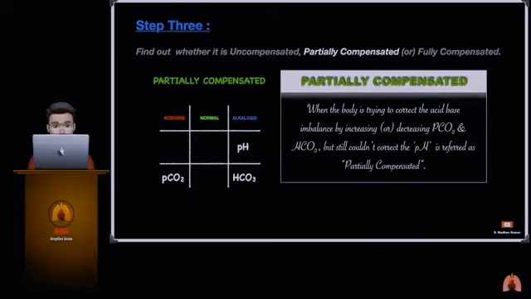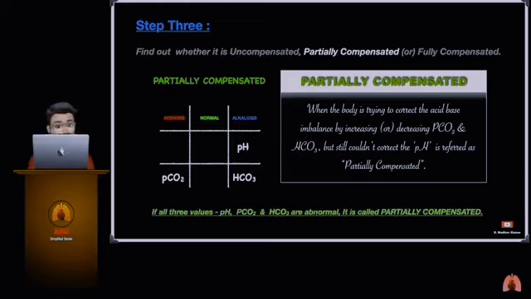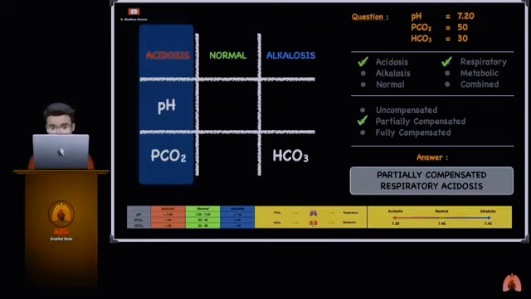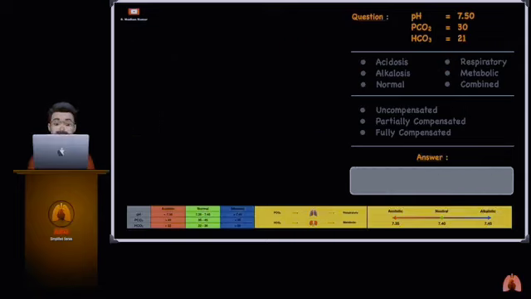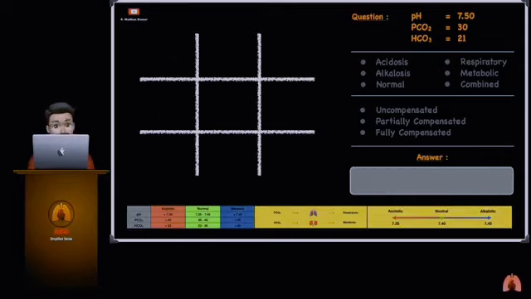That means the body is trying to correct the acid-base imbalance by increasing or decreasing PCO2 and HCO3 values, but still couldn't correct the pH value. Let's see one more example.